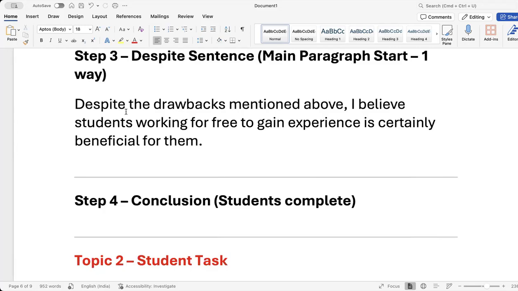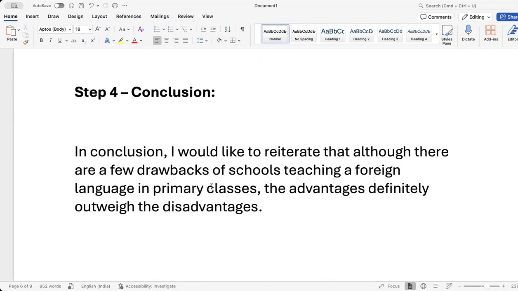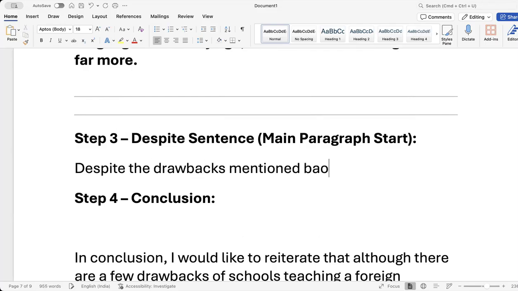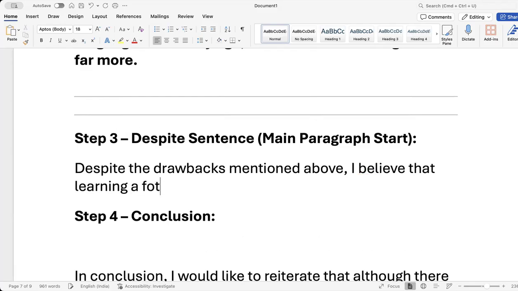So first, you're going to write: Despite the drawbacks mentioned above, comma, I believe that learning a foreign language in primary school is certainly beneficial.